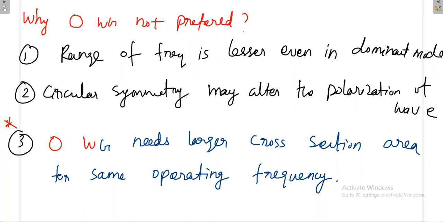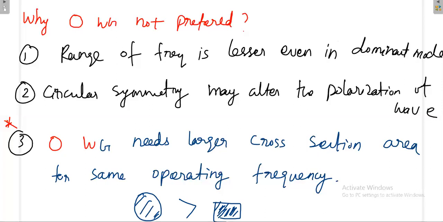The circular waveguide cross-sectional area is larger as compared to the rectangular. Once it is larger, the cost will be high, its physical dimension will be high, and it is difficult to handle. So that's also one disadvantage of the circular waveguide as compared to the rectangular waveguide.